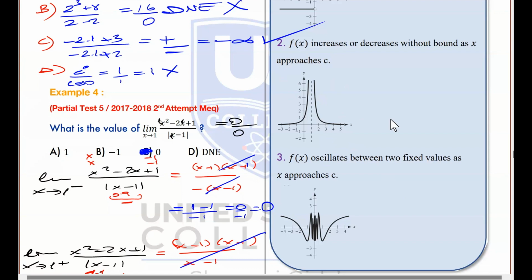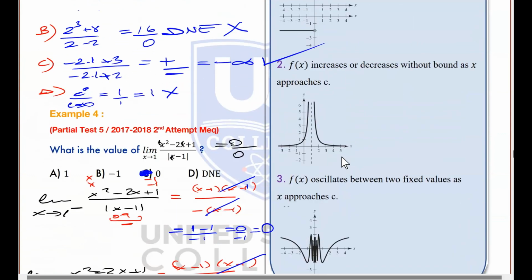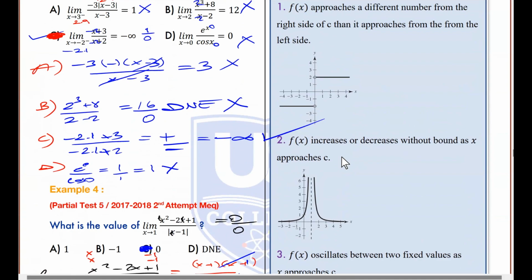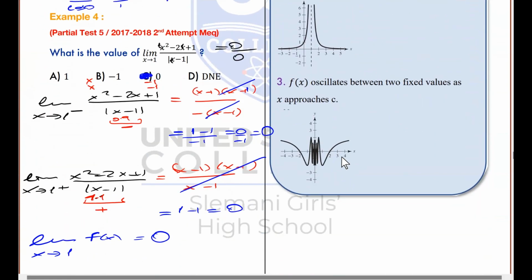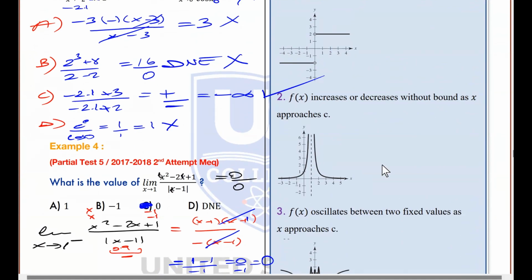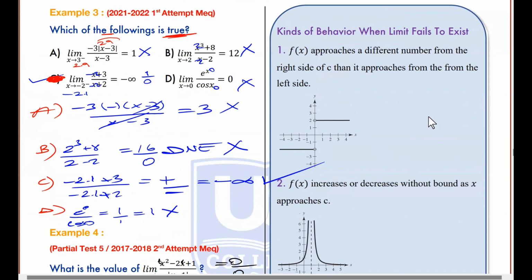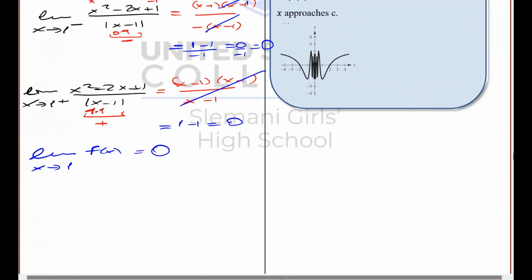And the other condition that limit does not exist is the oscillating behavior condition. So this is an exercise question. It was asking about describing 3 types of conditions that limit does not exist. Then these are the conditions: oscillating behavior, infinite limit condition, and right side limit being not equal to left side limit. Okay, that's it for this topic.